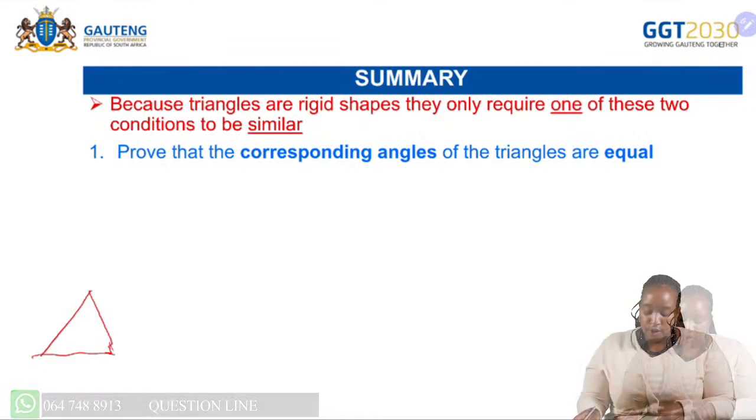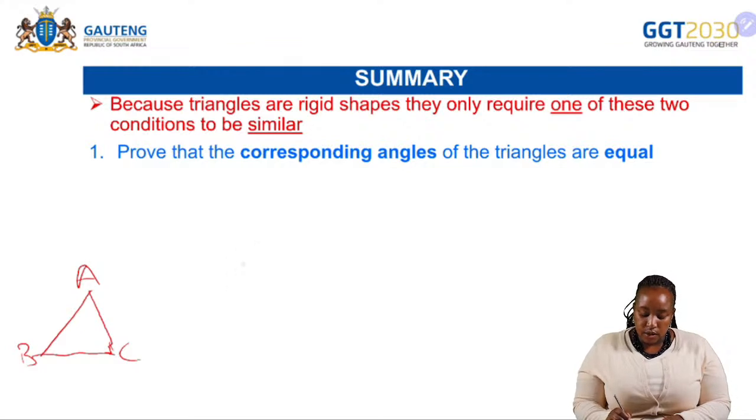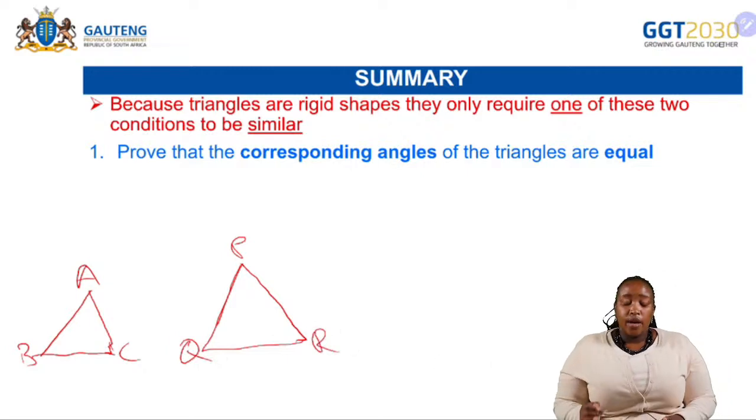If you have this big triangle, which we can call A, B, and C, and you have, let's make this one slightly bigger, this one here, we can call it PQR. These 2 triangles.